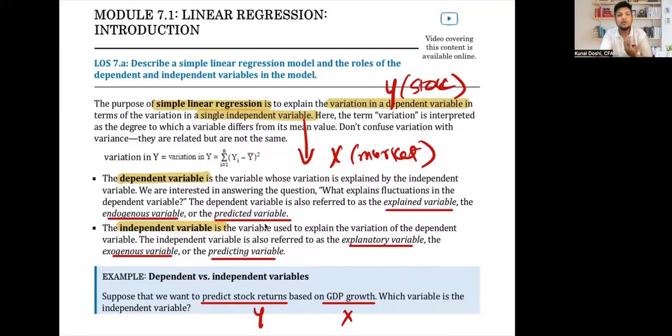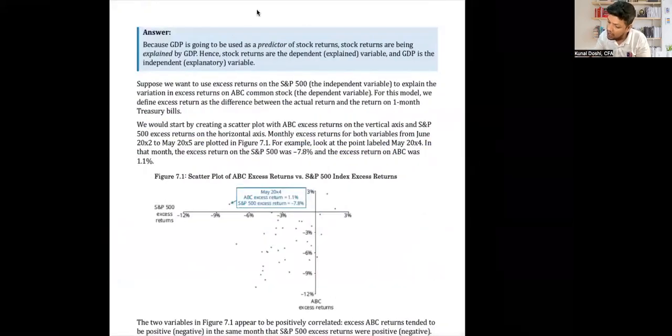Stock or GDP? Correct. The GDP is independent and the stock is dependent. So, very simple. Because the GDP is going to explain the things, it's used as a predictor of stock. Stocks are being explained by GDP and hence stocks are dependent while GDP is independent.